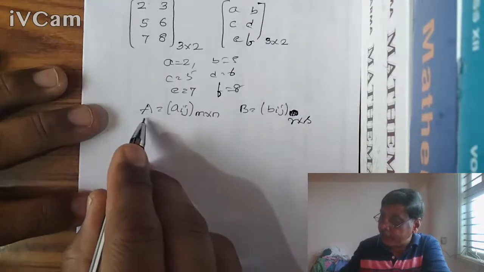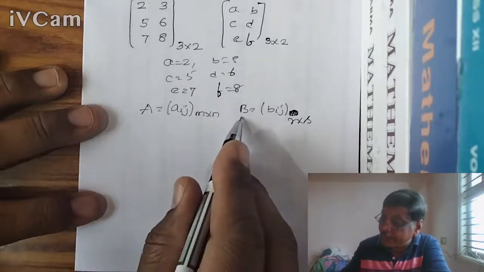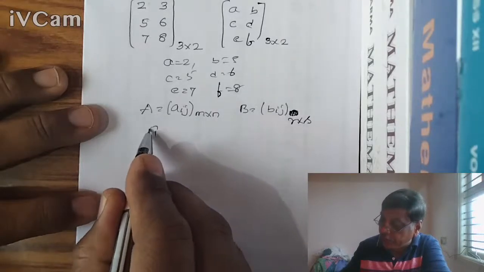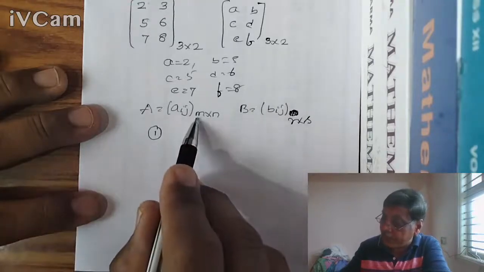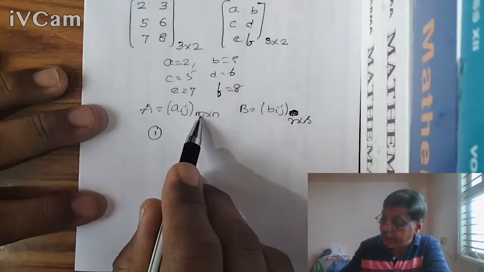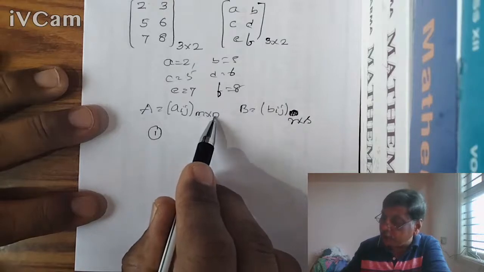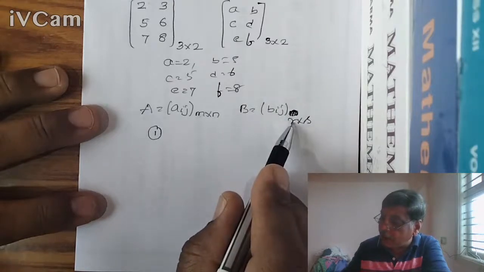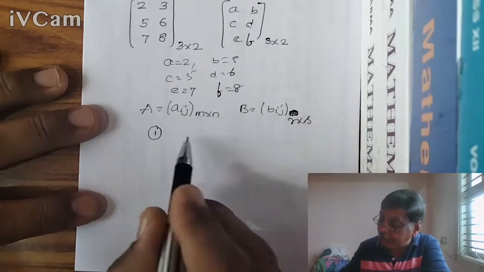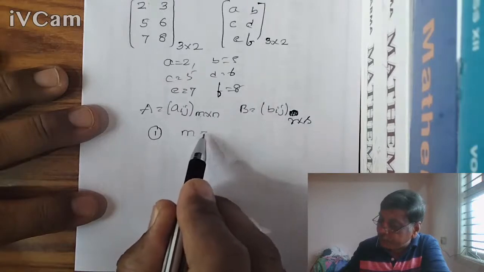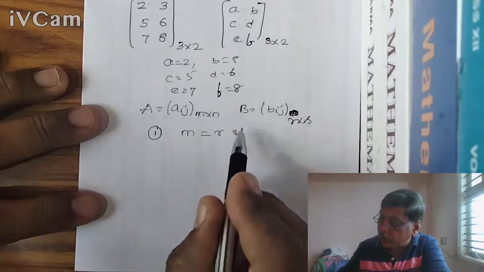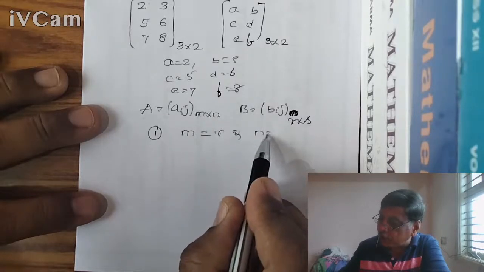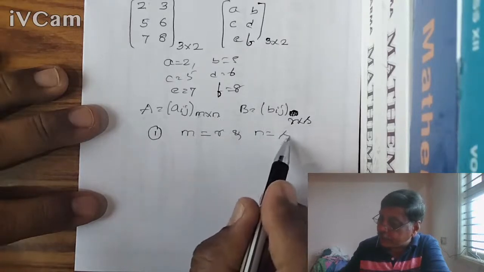These two matrices are said to be equal if the first condition, the order, is the same. Matrix A has m rows and n columns, and matrix B has r rows and s columns. So the first condition is m equals r, and the number of columns is the same, n equals s.